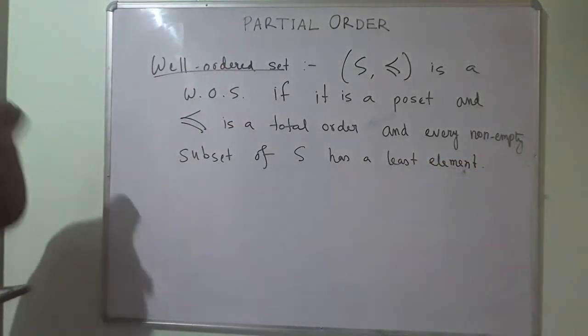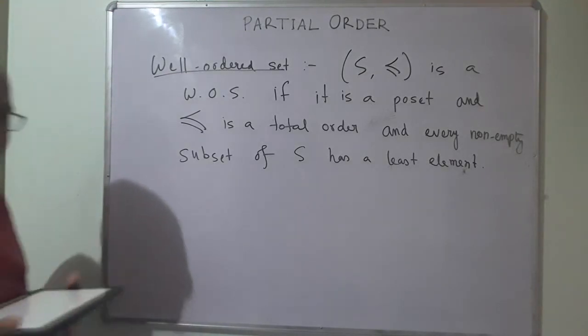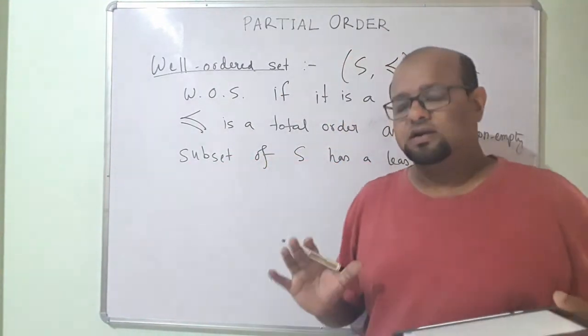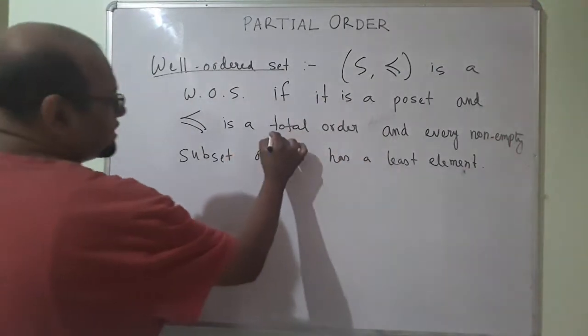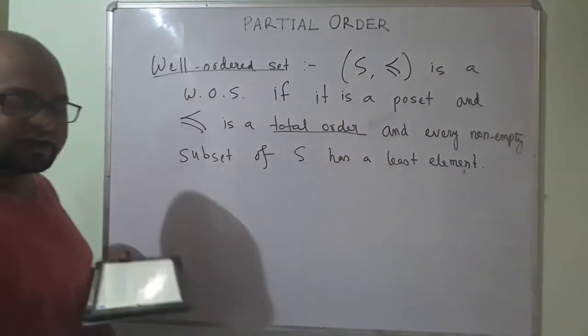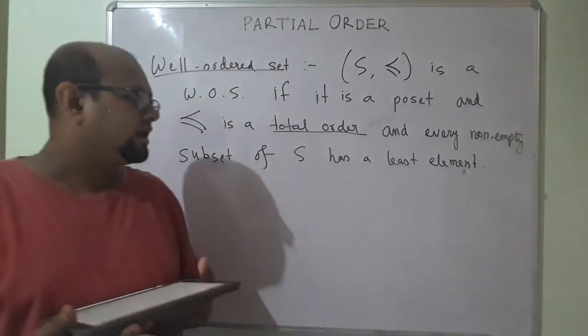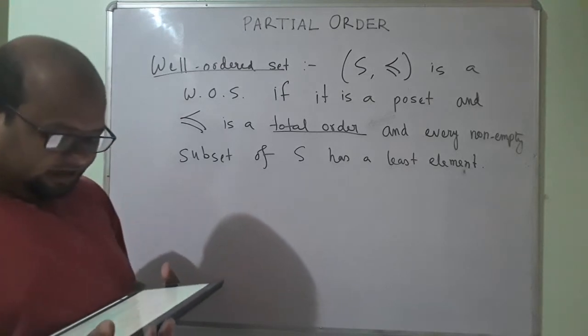So a well-ordered set is first of all a poset. Then all the elements have to be comparable, so it has to be a total order, and every non-empty subset of S needs to have a least element.